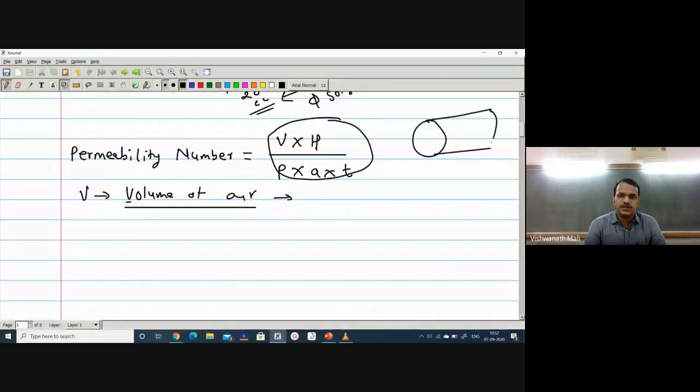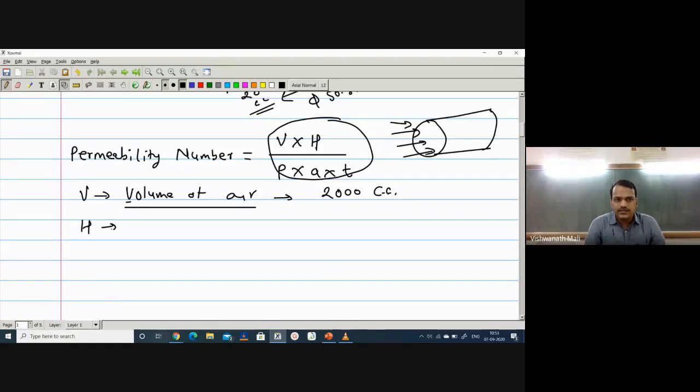So this is the specimen, and we are allowing air to pass through this. That is the volume of air, and this is also constant. The value is 2000 cc. This much air we are passing through this specimen.